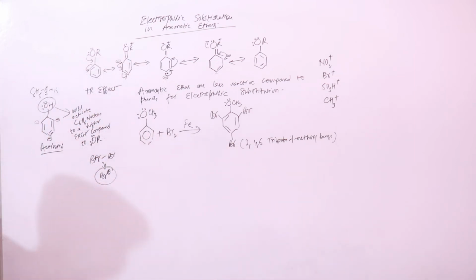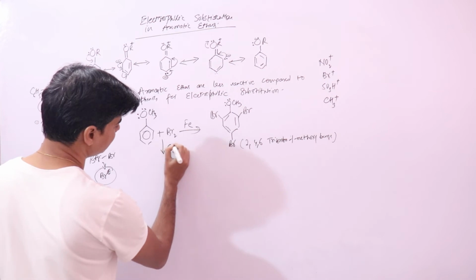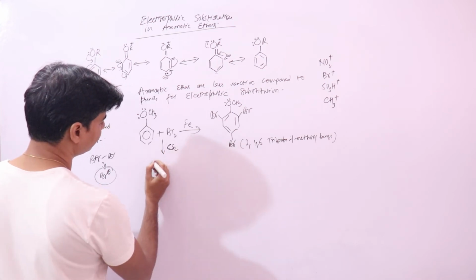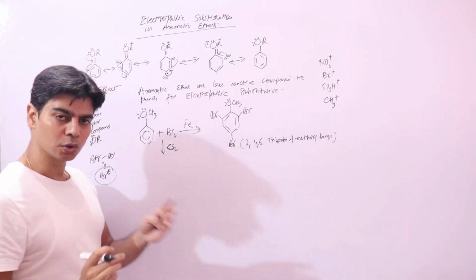Now there are two types of reactions here. If you do the same reaction with bromine in carbon disulfide, it will form ortho and para product.